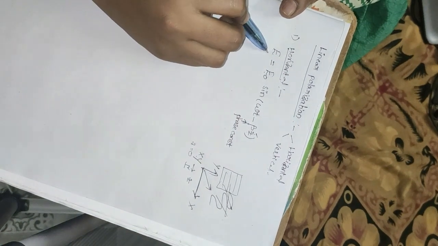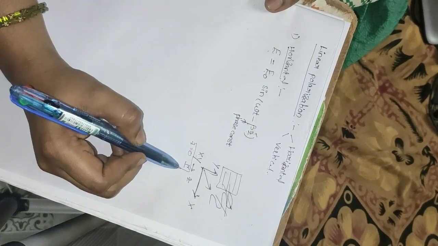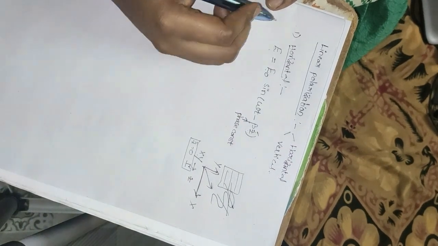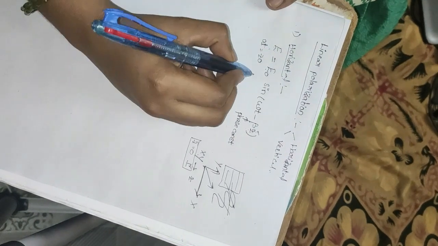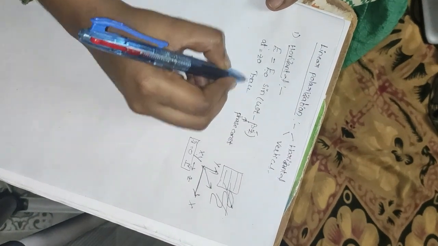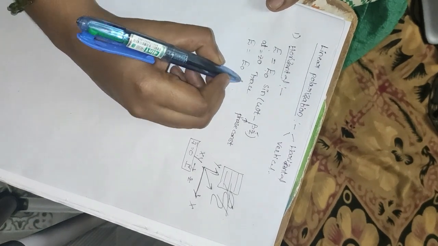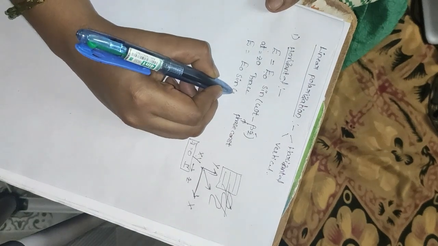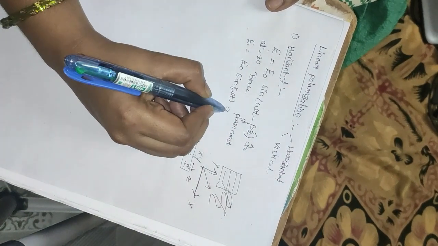So for calculating the E field along the x axis, we need to trace the electric field at z equals 0. At z equals 0, E is equal to E naught sine omega t, in the x direction.